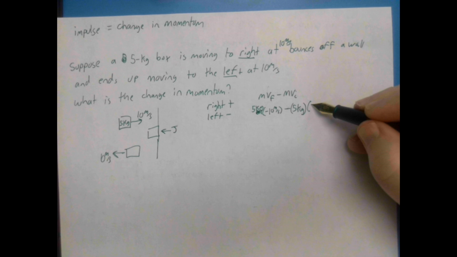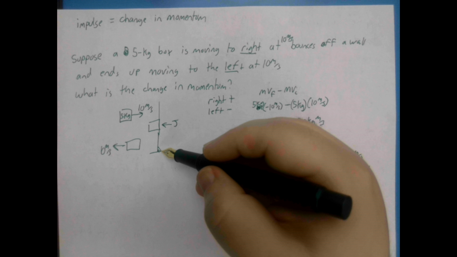In scenarios like this, when we encounter a bounce, we often think of the wall as being immovable. In which case, because the wall is attached to the ground, it's seemingly as if momentum is created out of nothing. There's a change in momentum.